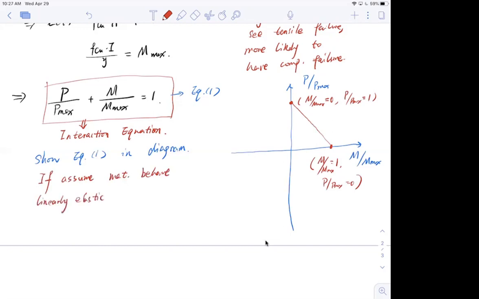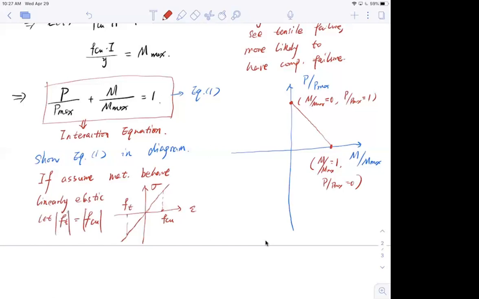It means if I draw the stress-strain curve of the material, it follows a straight line, and it fails here in compression at FCU and fails here in tension at FT. And then let FT equal FCU in terms of absolute value.